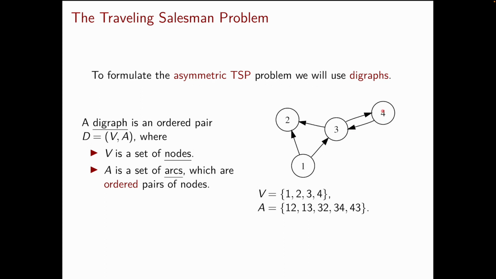In particular, we can visualize nodes as points or circles. And then we have 5 arcs, which are (1,2), (3,2), (1,3), (3,4), and (4,3). So every arc is visualized by an arrow that starts at the first node in the arc and ends in the second node in the arc.